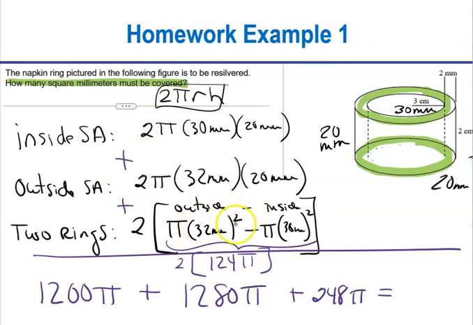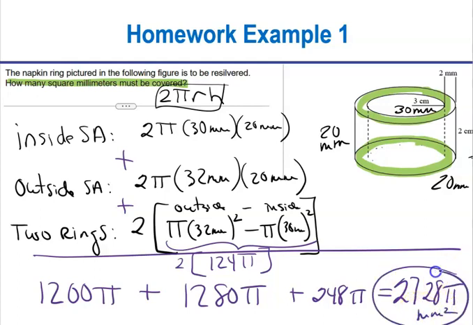So 32 squared minus 30 squared gives you 124 pi times the 2 rings. So that's 248 pi. Now I'm going to add all those together. So 1,200 added to 1,280 added to another 248, and that's 2,728 pi, and that is millimeters squared.